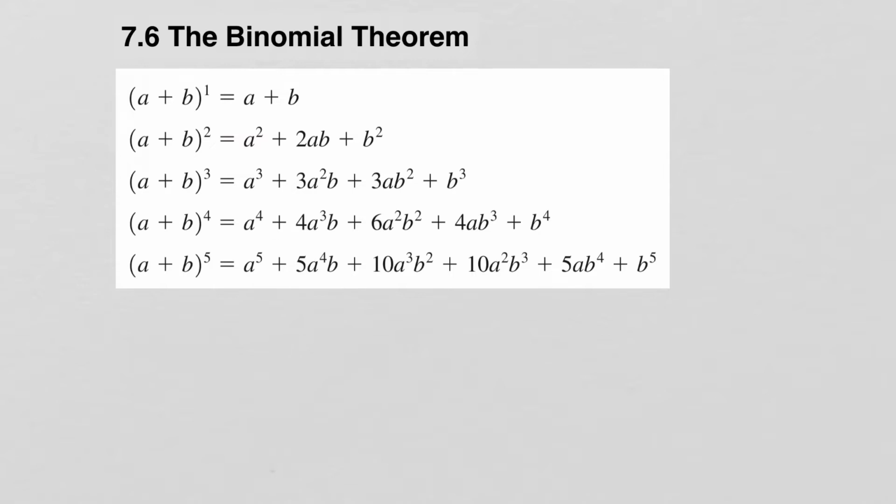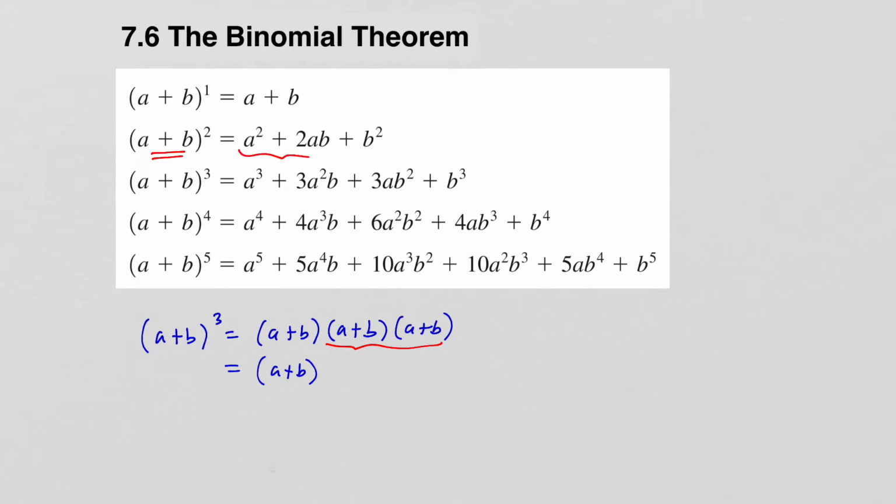A plus b to the third power is this, and I'll just quickly show the work for that. So a plus b to the third power is a plus b times a plus b times a plus b. And then we know that a plus b times a plus b right here, that's a plus b squared. So I can just replace it with this.